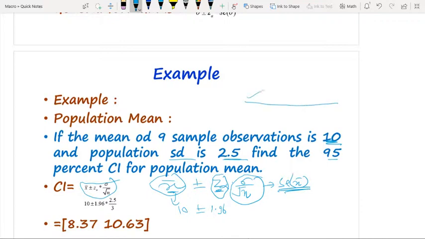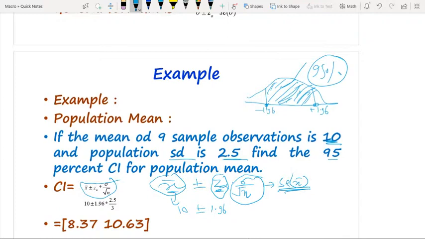So in normal distribution, minus 1.96 to plus 1.96 covers the middle 95% of the area, or middle 95% of the probability. So for a 95% confidence interval, the value of z alpha is 1.96.